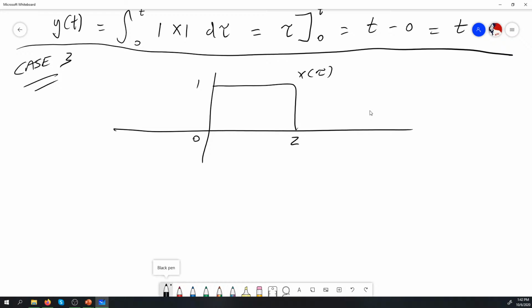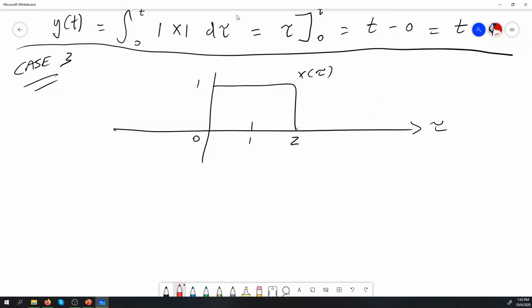But let's frame this one part here. And we now slide our h of t minus tau signal for the t-intercept to be in between 1 and 2 of the x of tau signal.